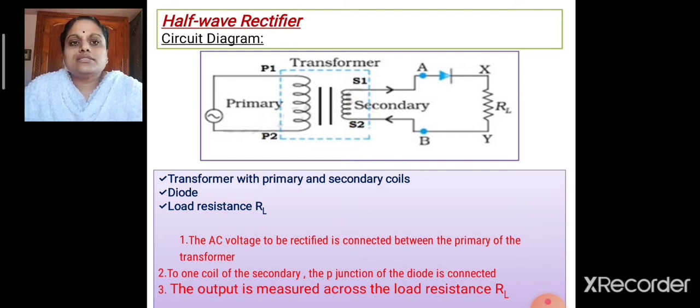So the three parts of a half-wave rectifier are a transformer with primary and secondary coils, a diode and a load resistance RL. The AC voltage to be rectified is connected across the primary of the transformer. To one coil of the secondary, the P junction of the diode is connected and the output is measured across the load resistance RL.